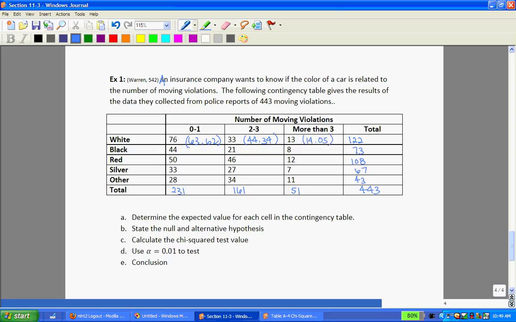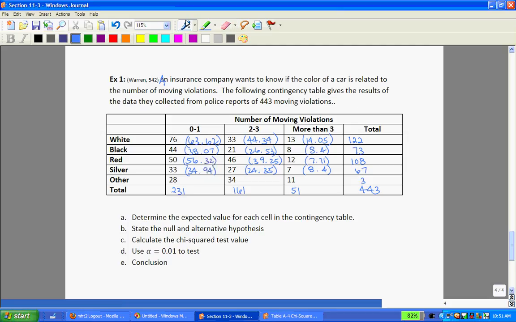14.05 over here, and you're certainly welcome to check these out on your calculator. 38.07, 26.53. Finishing up here, let me double check that one. I have one little error.